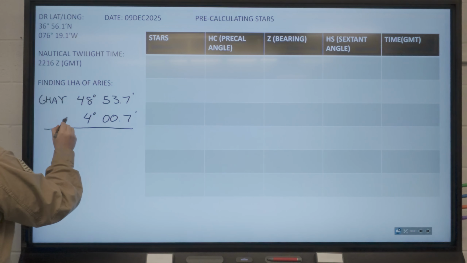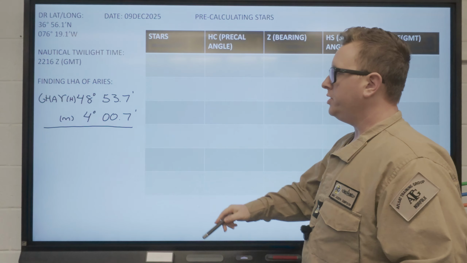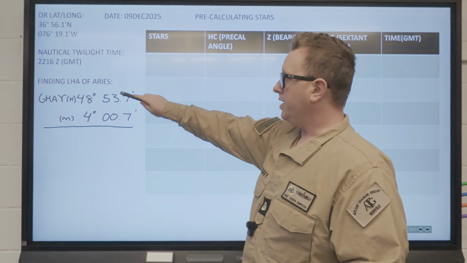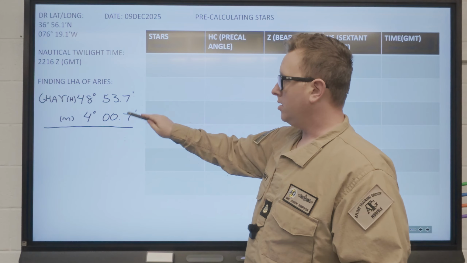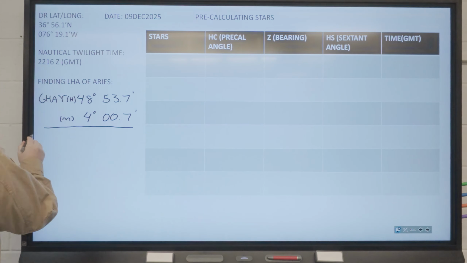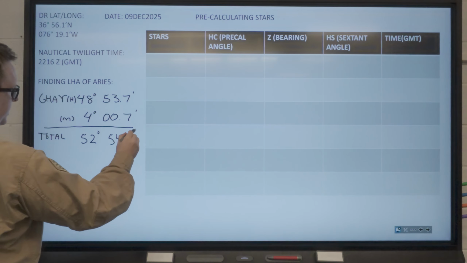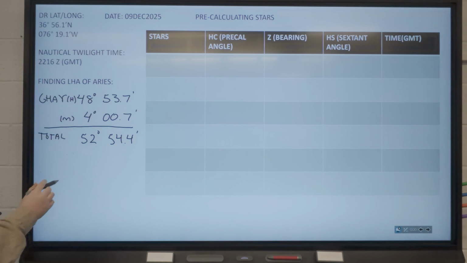That was for minutes. This is for hours. All right, once you find your GHA of Aries for hours and minutes, to get total, all you have to do is add them together. So total GHA being 52 degrees, 54.4 minutes.